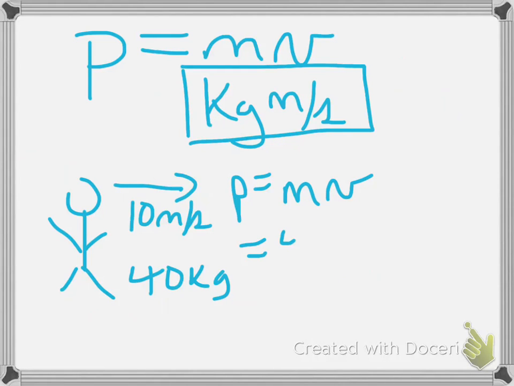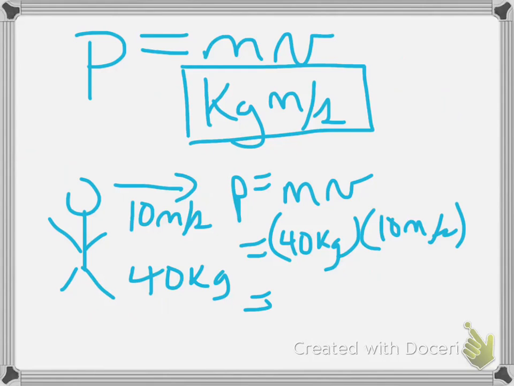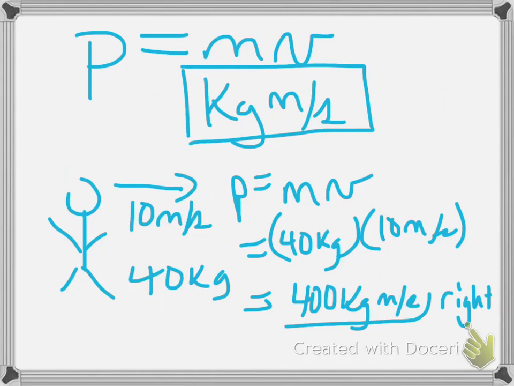Plug in everything you know, 40 kilograms, 10 meters per second, and that gives a momentum of 400 kilograms meters per second. Then you may have to include a direction if the question gives you one, such as east or west. In this case, my direction would just be to the right. If it asks for a magnitude, though, remember magnitude is only this part. You do not need the direction if it asks for just the magnitude.